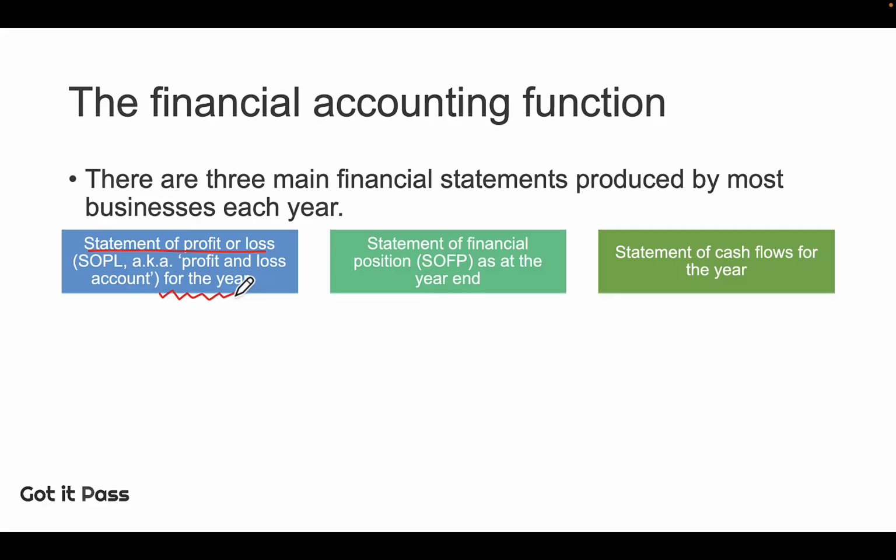And next, the second statement is the statement of financial position as at the year end. It's sometimes known as SOFP. In the past, it was called the balance sheet. It is a snapshot of the financial status of a company at a particular point in time. For example, at the year end, which is on the 31st of December.